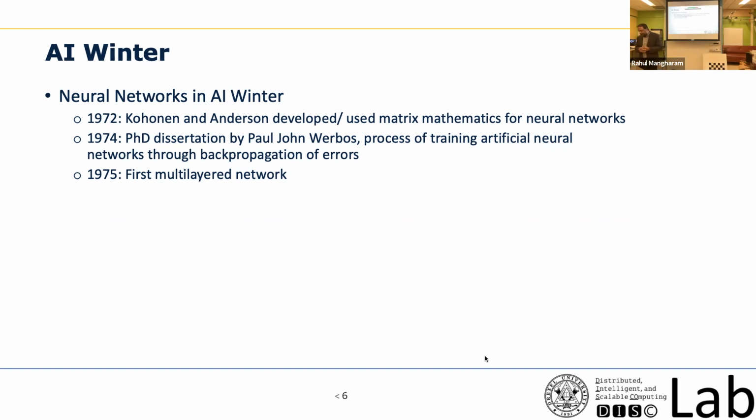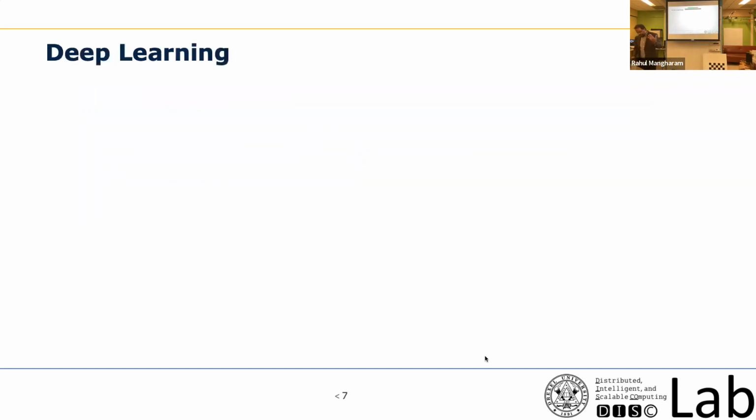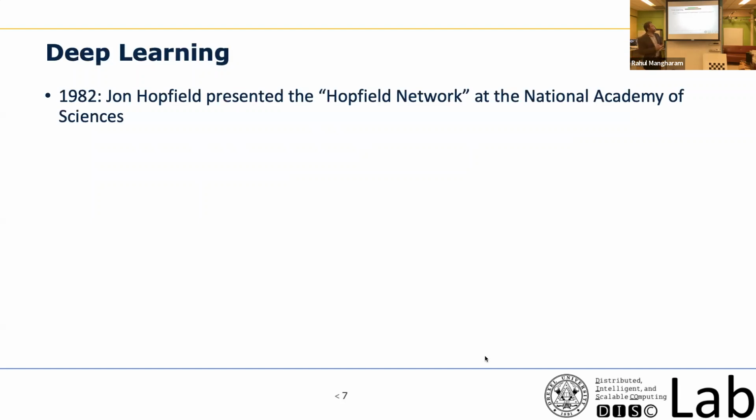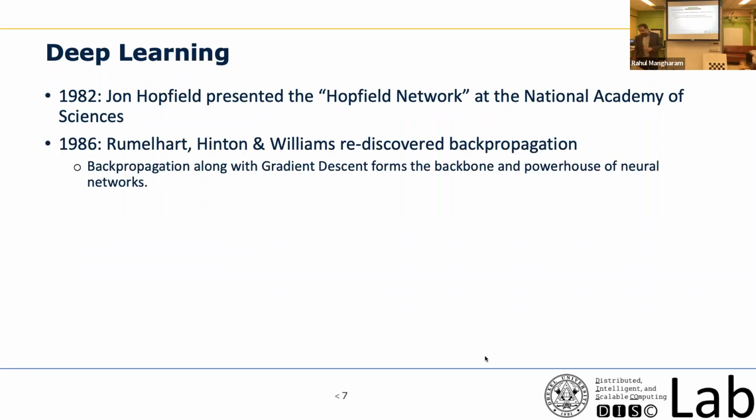And then we all know that in 1982, Hopfield started with the Hopfield network, which was presented at the National Academy of Science, followed in 1986 by the famous backpropagation rediscovery by Rumelhart and Hinton.